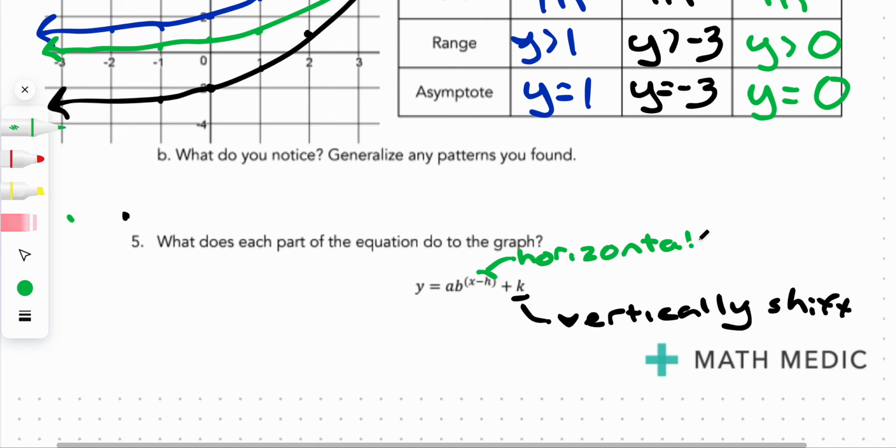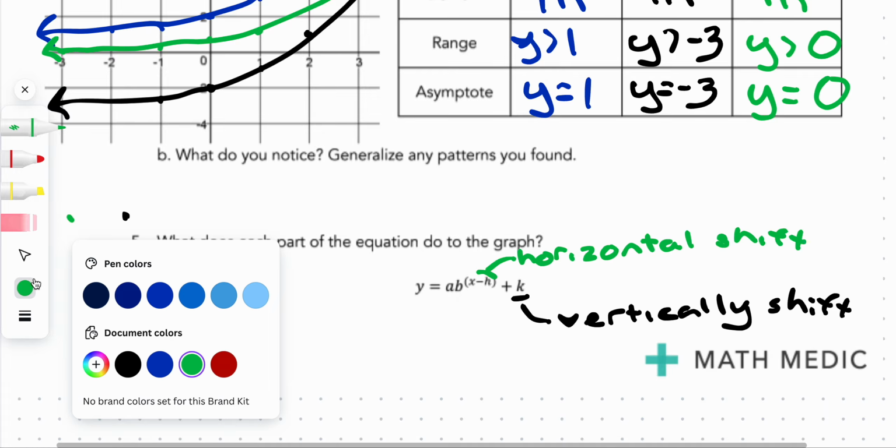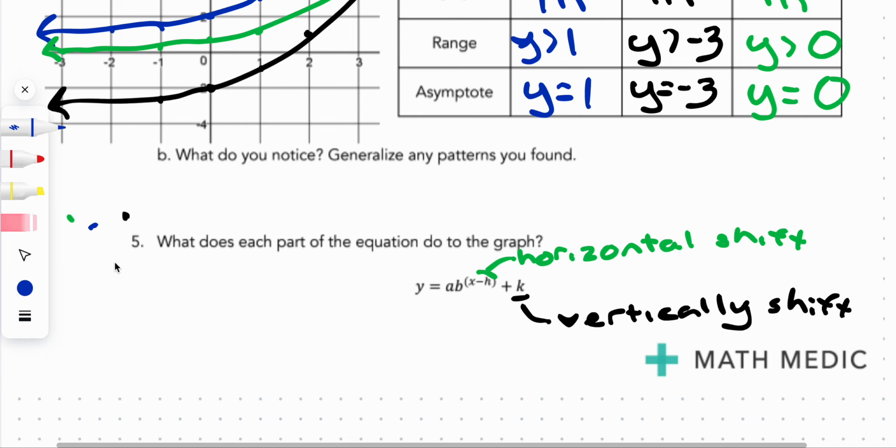And notice that it's in the opposite direction. So when we're subtracting something, we're moving to the right. And if we're adding something, we're moving to the left. It's the same thing if we remember vertex form of parabolas. It's sort of like that.